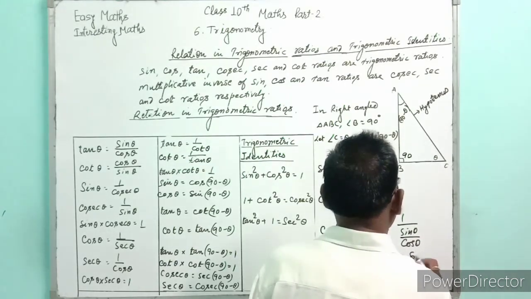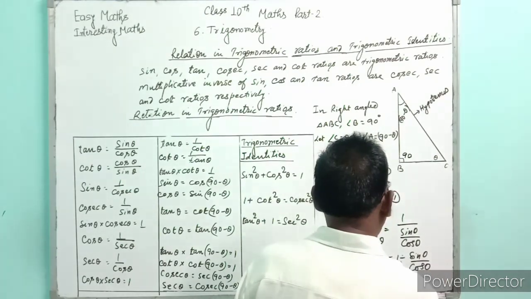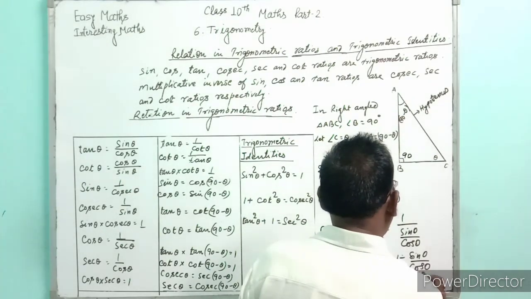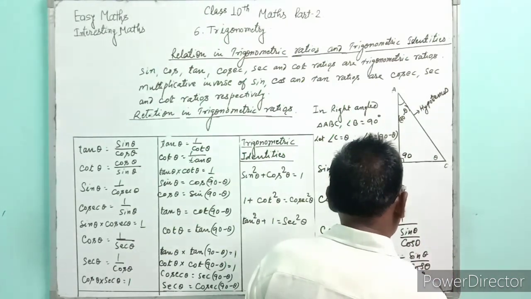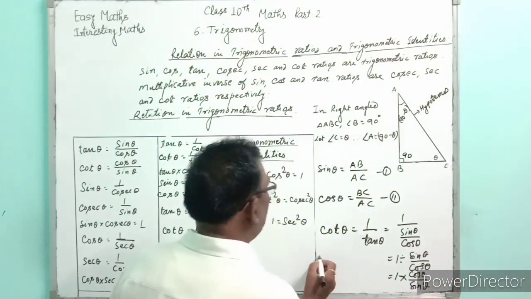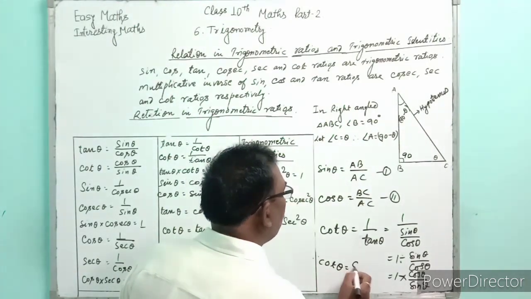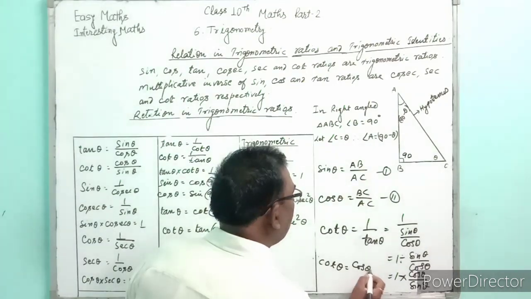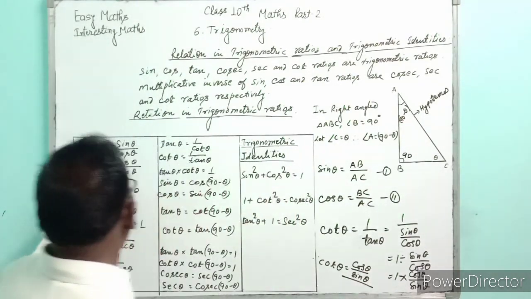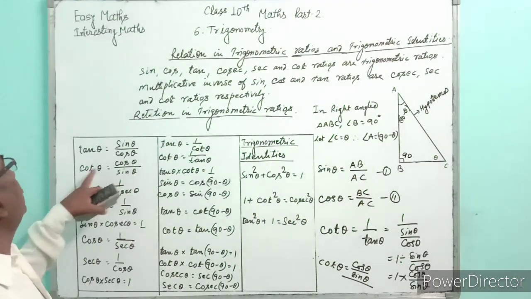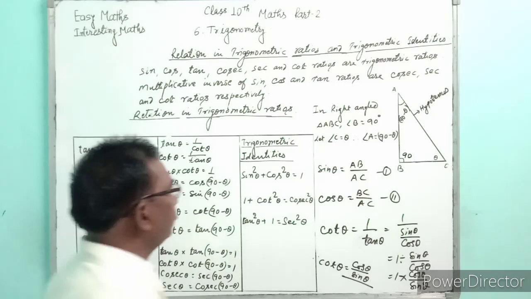Therefore, 1 divided by sin theta by cos theta. So, 1 into cos theta by sin theta. Therefore, cot theta is equal to cos theta upon sin theta. So, the second relation is cot theta is equal to cos theta divided by sin theta.